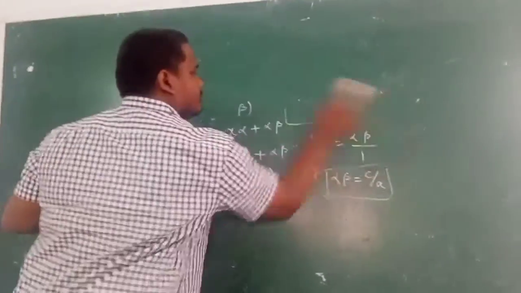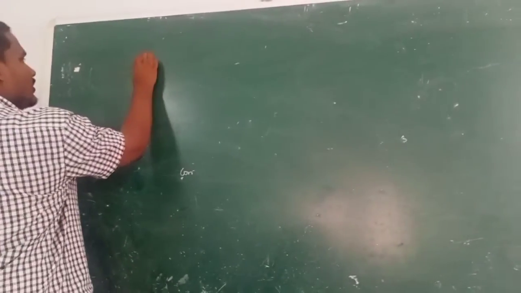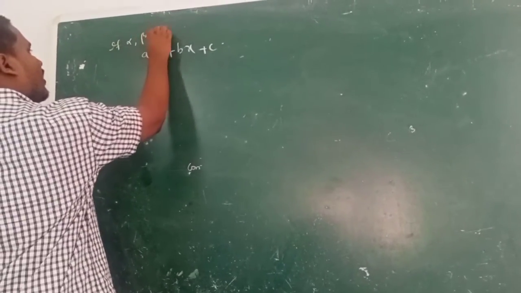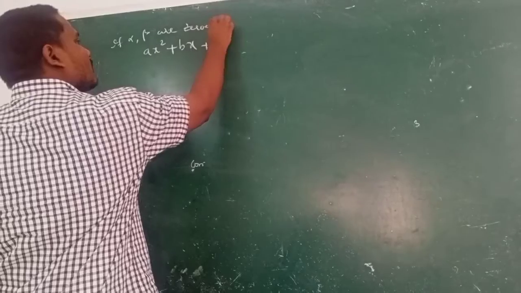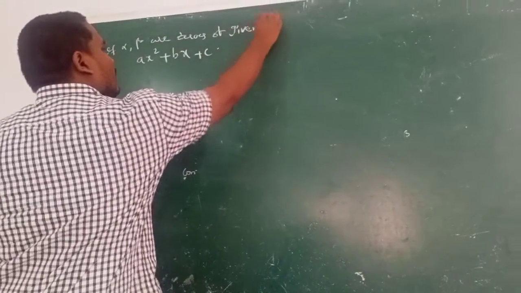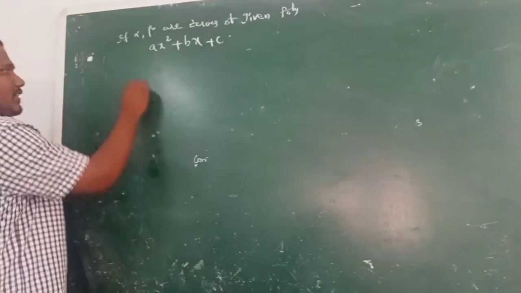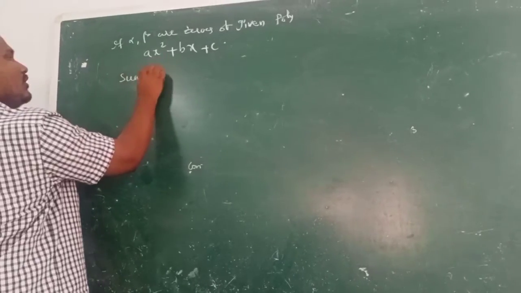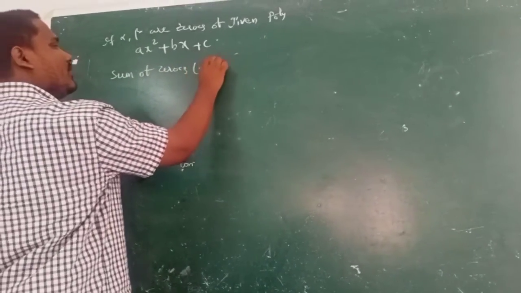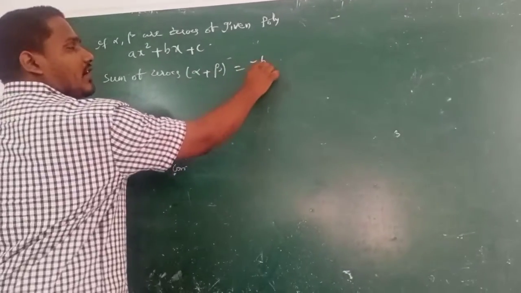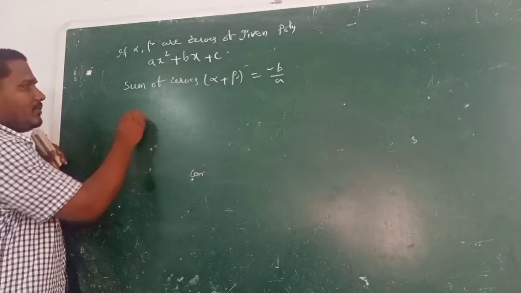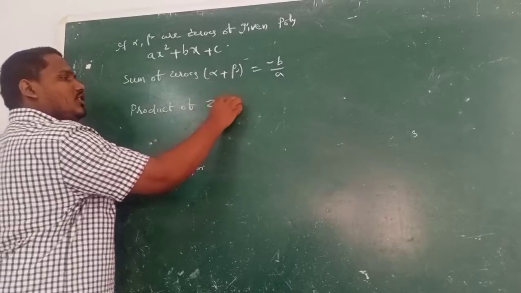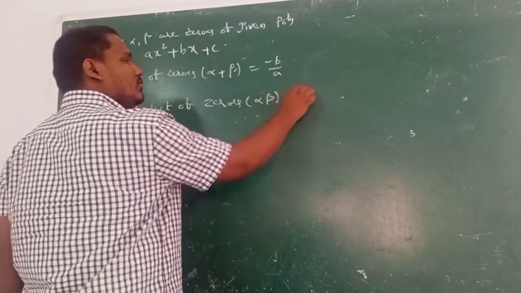Therefore, if alpha comma beta are zeros of the given polynomial ax square plus bx plus c, then the sum of zeros alpha plus beta is equal to minus b by a, and the product of zeros alpha beta is equal to c by a.